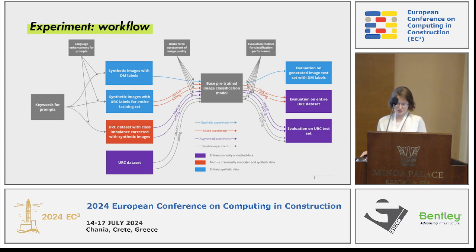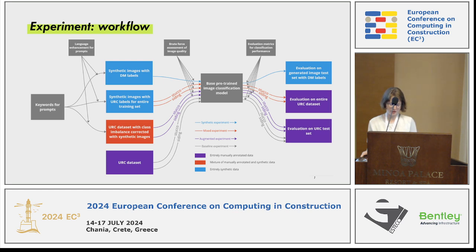The augmented experiment corrected the class imbalance that was seen in the URC dataset. The mixed experiment trained entirely on synthetic data, but was evaluated on the manually annotated URC dataset.